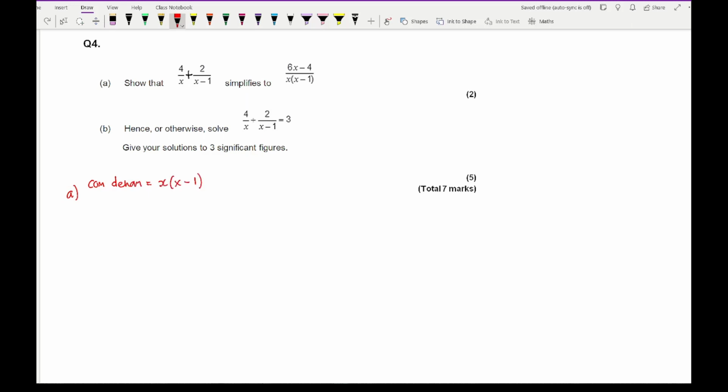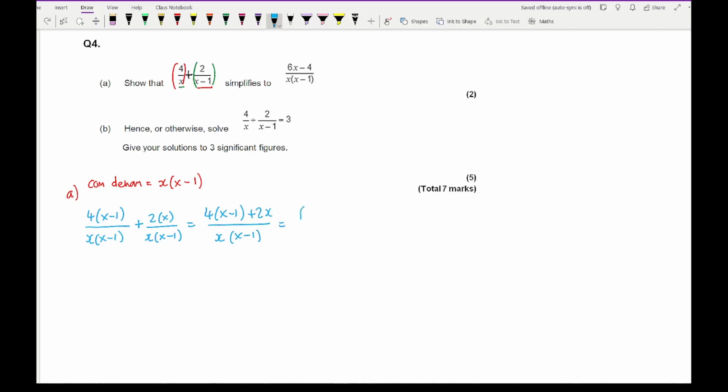So for this, what I need to do is multiply this first fraction by x minus 1, and then multiply the second fraction by x. So what I end up with is 4 times x minus 1 over x minus 1 plus 2 lots of x over x minus 1. And then if I join the numerators together, I get 4 times x minus 1 plus 2x all over x minus 1.